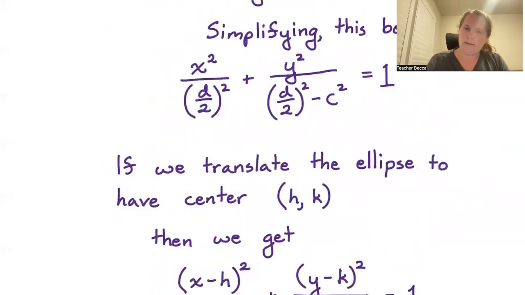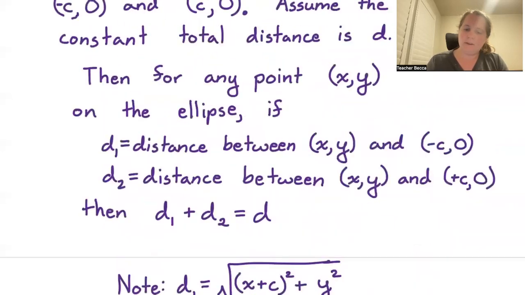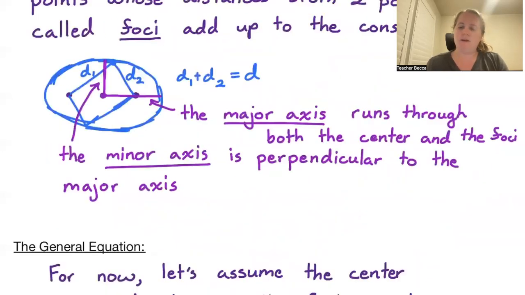I should note, when I mentioned the major axis and minor axis, just a note, the radius is always larger on the major axis.